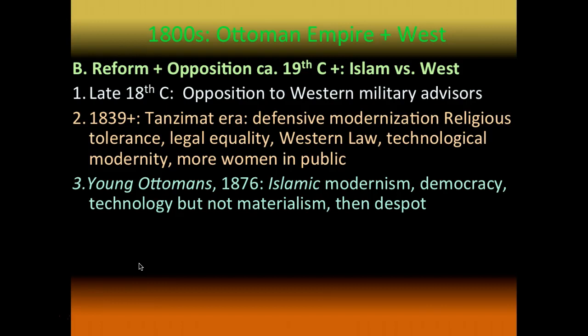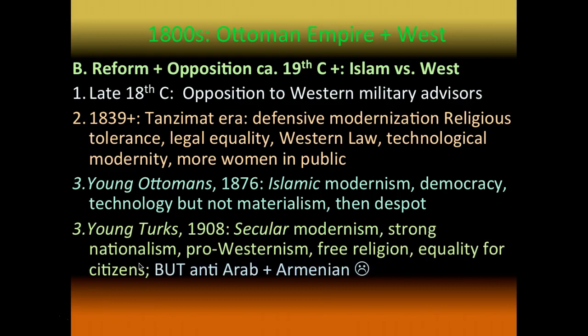So the Young Ottomans had a nice little play for a short time, and then returned to despotism. And the Young Turks came about in 1908, and the Young Turks are very interesting, very different from the Young Ottomans, so make sure you pay attention to the differences here.